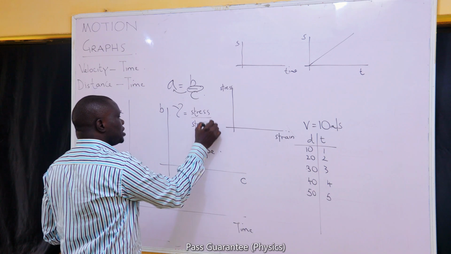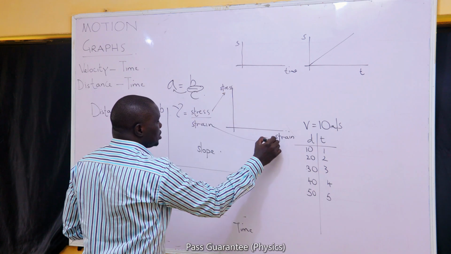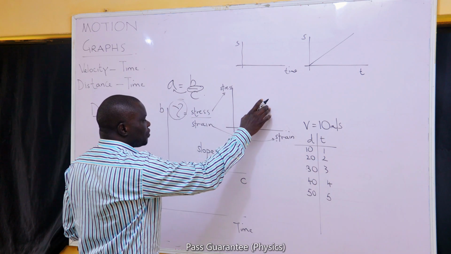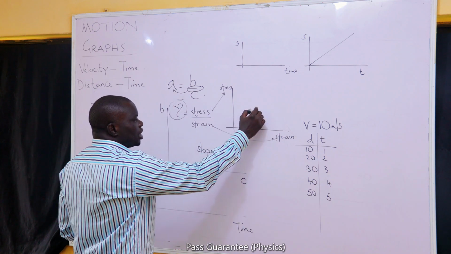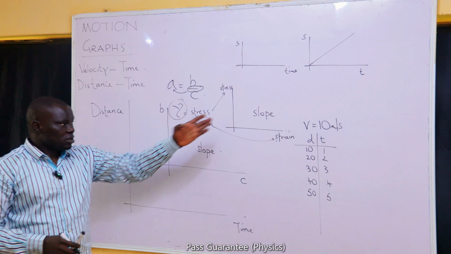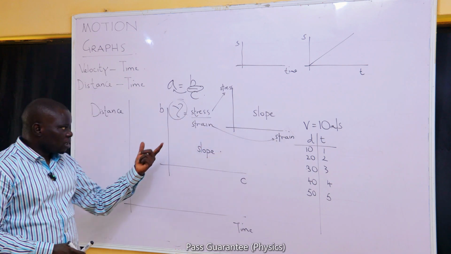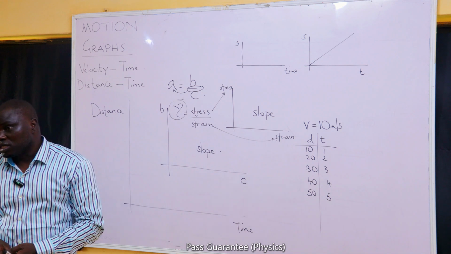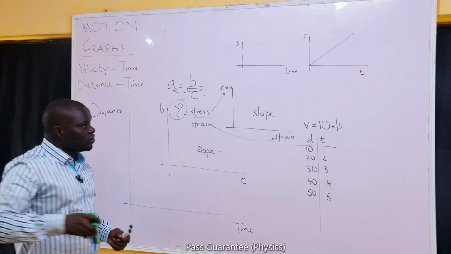Now that I have plotted stress against strain, I can easily determine Young's modulus on the graph, not by using the formula, but by using the slope of the graph. Division means you find the slope. Multiplication means you find the area. Area and slope are two basic things that we do on the graph anytime we have them.